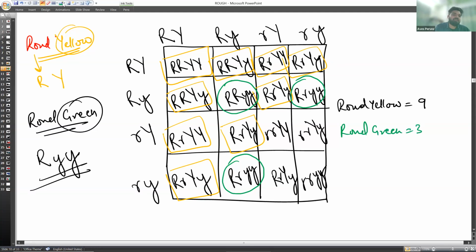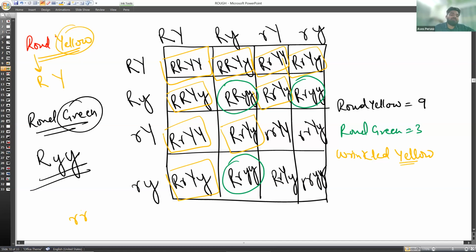And then wrinkled yellow. For wrinkled shape, both should be small r, because wrinkled is not dominant over round. So if you want to get wrinkled, both should be small r, and at least one capital Y for yellow.